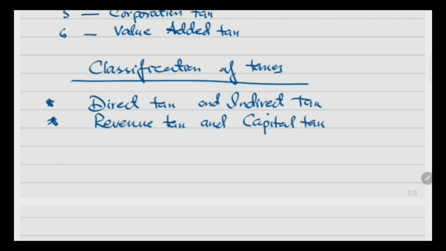So first we will define direct tax. Direct tax is a tax that a person or an organization pays directly to the entity that imposes it, like HMRC. Direct taxes are those that are charged on income and on gains, and they are directly collected from the taxpayer.